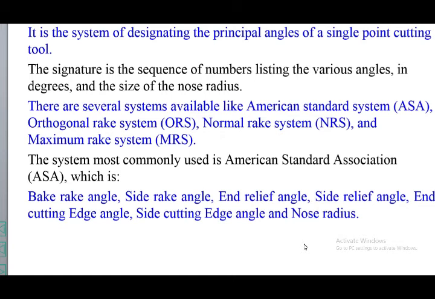In this system, from the previous slides you understand the angles in tool signature or tool geometry: back rake angle, side rake angle, end relief angle, side relief angle, end cutting edge angle, side cutting edge angle, and nose radius. How many elements are there? 7 elements.